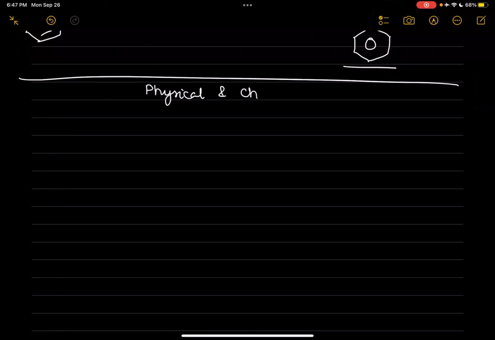Yeah, physical and chemical properties. In chemical properties, we are going to discuss the chemical reactions. In physical properties, we are just going to look at the main properties like boiling point, which do not involve any chemical reaction. Okay, so we need to discuss that.